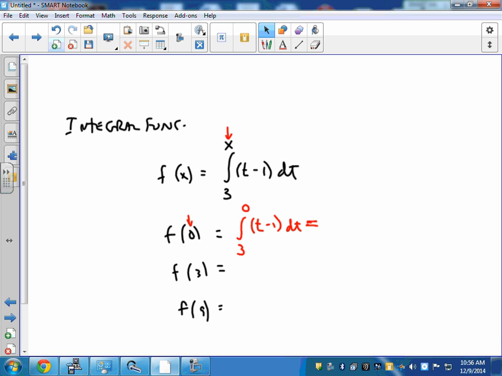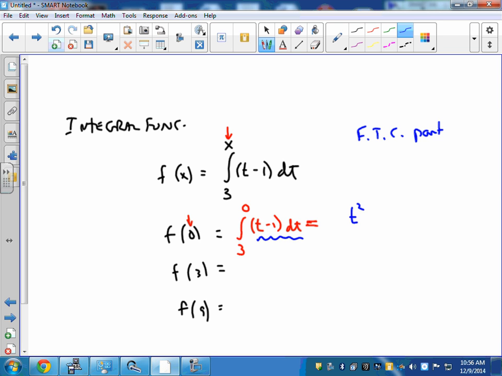So using the fundamental theorem of calculus part 1, we need the antiderivative of t minus 1 dt, which is t squared over 2 minus t. And we're going to evaluate that between 3 and 0. And the method we had for that was, remember, you're going to put the upper limit in first and then put the lower limit in second and subtract those two.